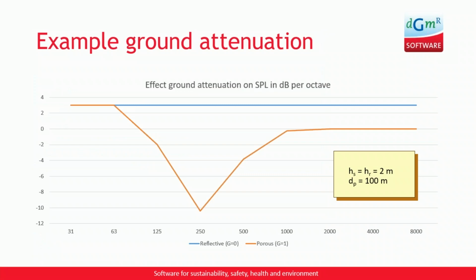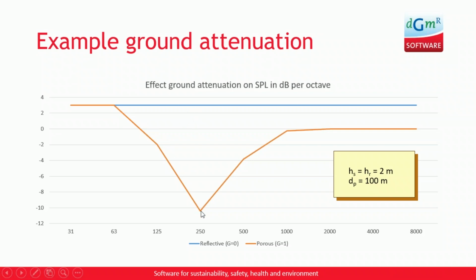If you look at an example, and that's always interesting, the difference between a full reflective ground and a full porous ground, for source and receiver at 2 meters height and a distance of 100 meters, you see that a full reflective ground will increase your sound pressure level by 3 dB. However, with a full porous ground, you will get a reduction of 3 plus 10, let's say 13 dB, compared to the reflective situation.